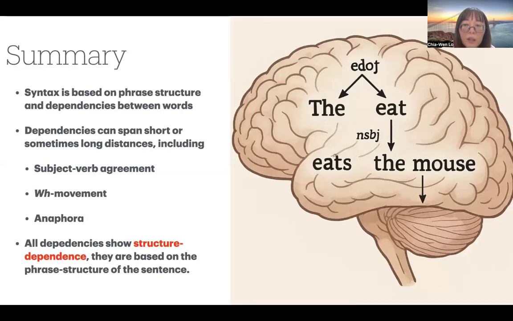In this part, we know that syntax is based on phrase structure and dependencies between words, and that dependencies can span short or long distances, including the three we have mentioned: subject-verb agreement, WH movement, and anaphora. These dependencies show structure dependency, so they are based on the phrase structure of the sentence.